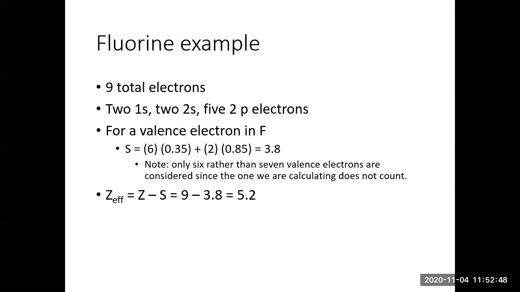So n minus 1, 2 minus 1, is 1. So we have 2 of those 1s electrons. So that gives us 2 times the 0.85. So we do 6 times 0.35 plus 2 times 0.85, and we get a total of 3.8 as our new shielding constant. So our value then would be 9, our atomic number, minus 3.8 equals 5.2. So slightly different than what we would have gotten if we would have just subtracted those core electrons.